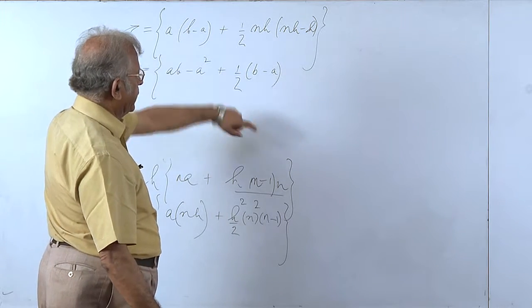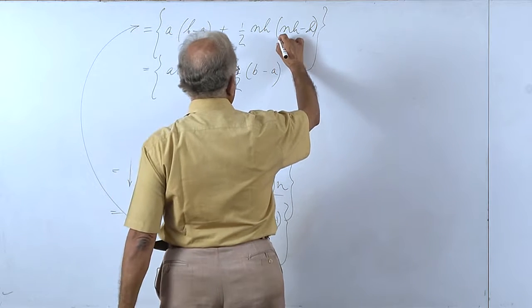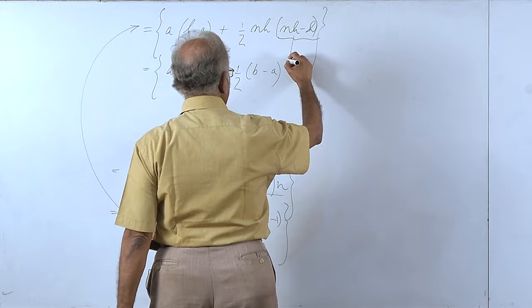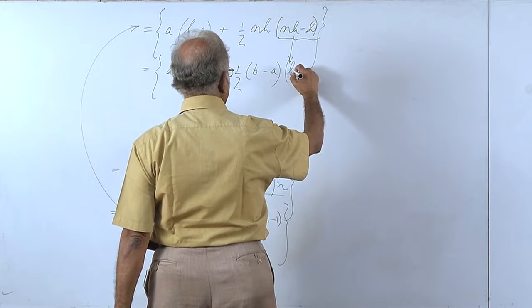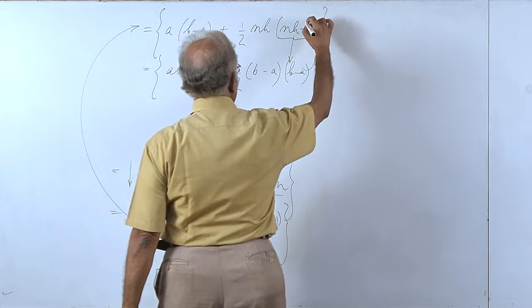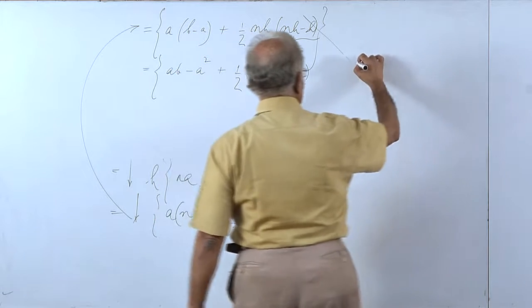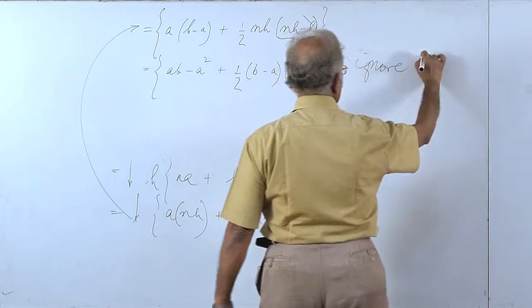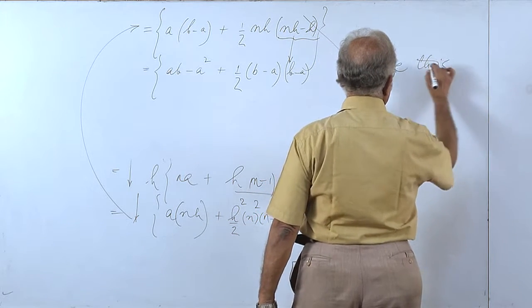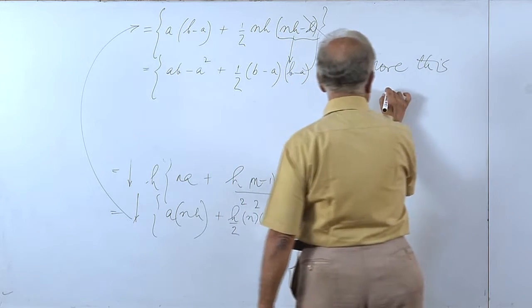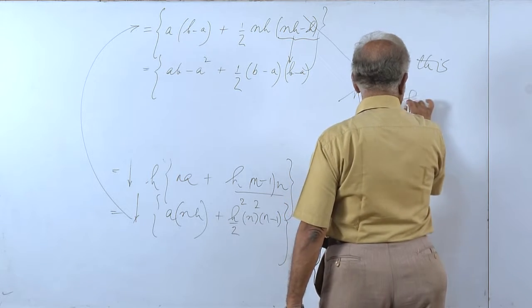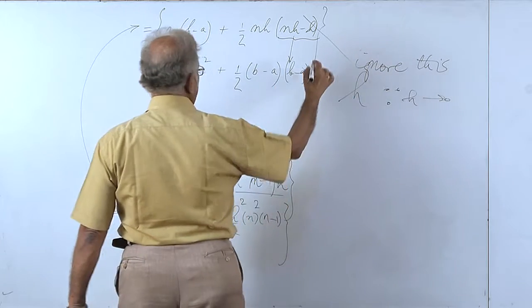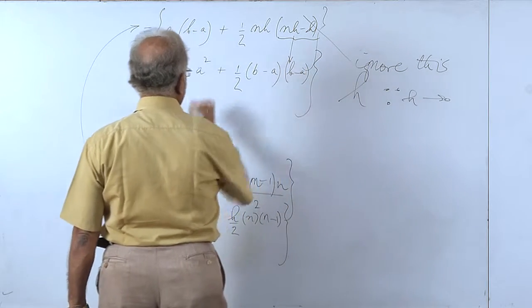So once we apply that, we will collapse this term only to nh, which is b minus a, and ignore this, since h tends to 0. So this is what we have. We put the bracket here.